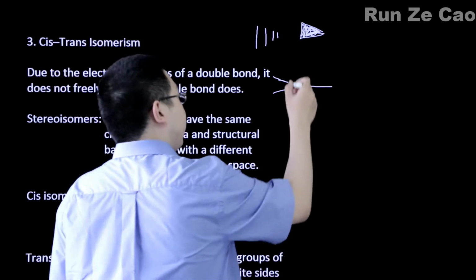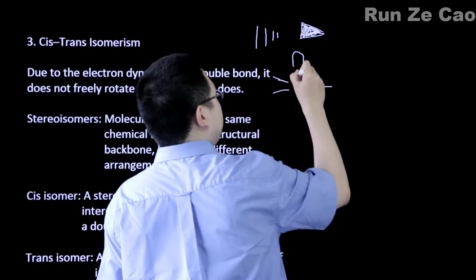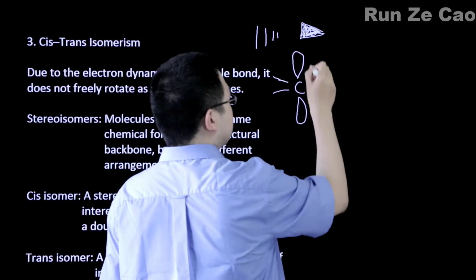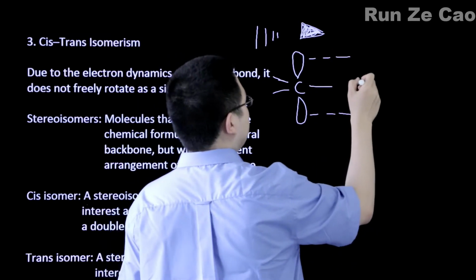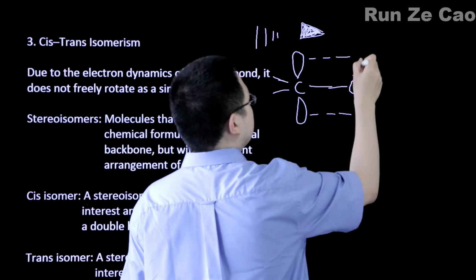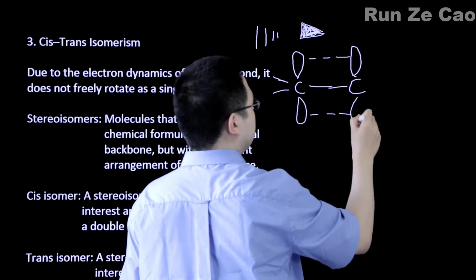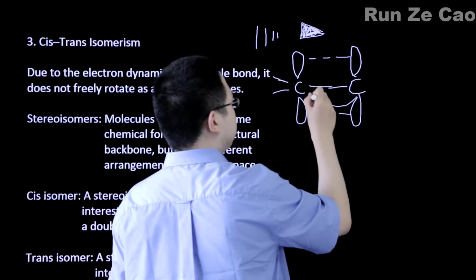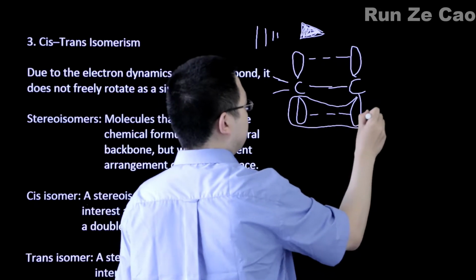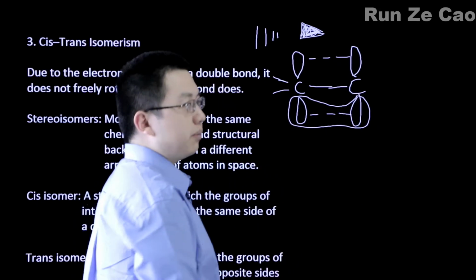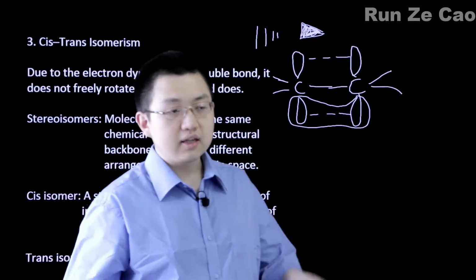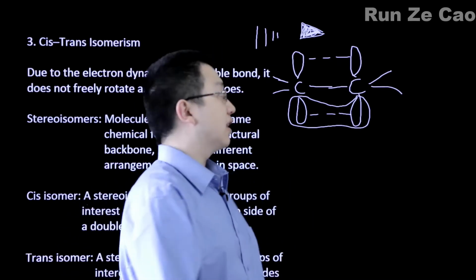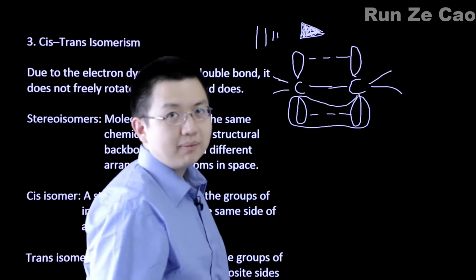Now, if you have an electron orbital that looks like this, and it's bonding with another electron orbital here, then these essentially pool together more or less. So, if these are pooled together, do you think that these carbons can rotate freely as if it was just this one bond between them?